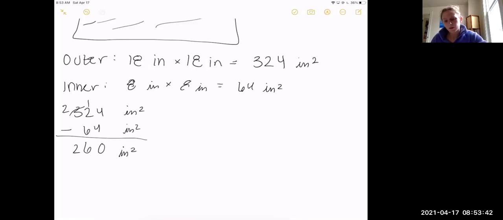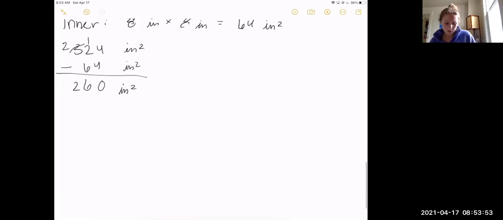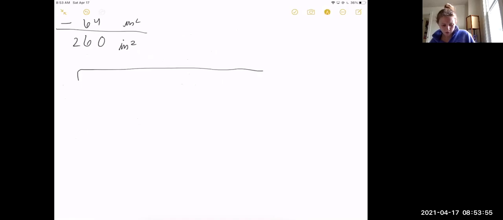So that would be our area for that one. I'm only going to do a few more examples because hopefully you guys are getting the hang of this.